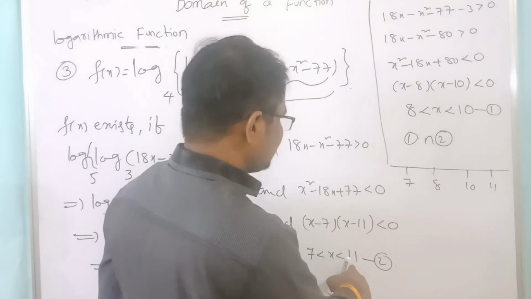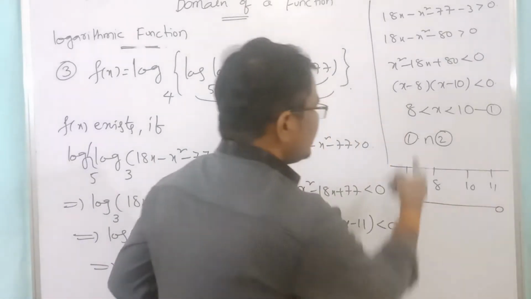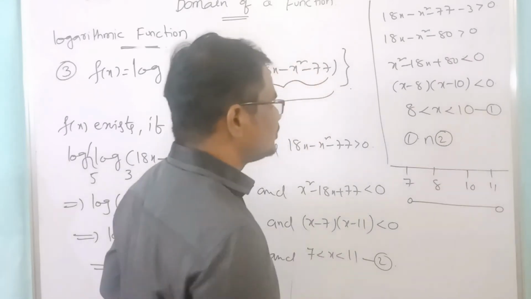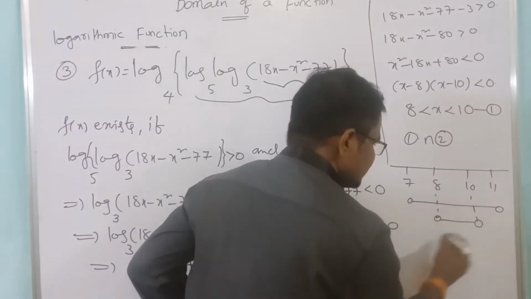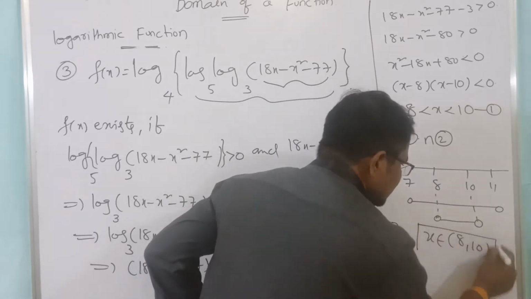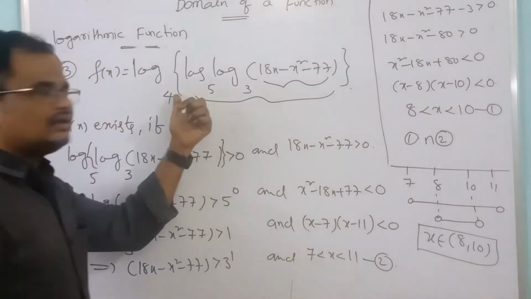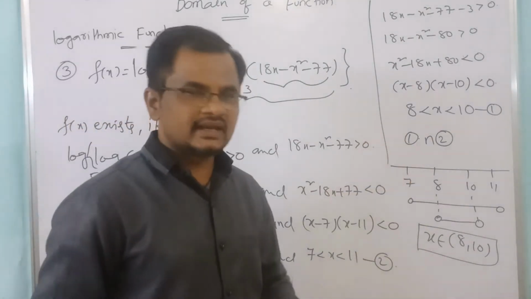This one is open interval 7 to 11. And this one is open interval 8 to 10. So like this, what is the common area? This is the common area. So x belongs to 8 to 10. So this is the domain of the given function, right? So this is about the third problem, right?